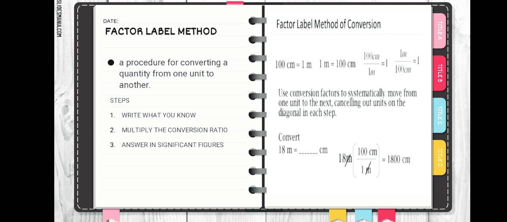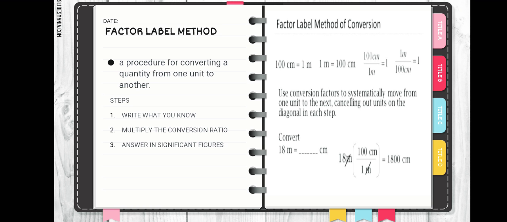So use conversion factors to systematically move from one unit to the next, canceling out units on the diagonal in each step. So 18 meters. So we need to multiply by 100 cm over 1 m, because we know 100 cm is equivalent to 1 m, which is the meter, the base unit, and we need to eliminate the same unit, which is the meter.